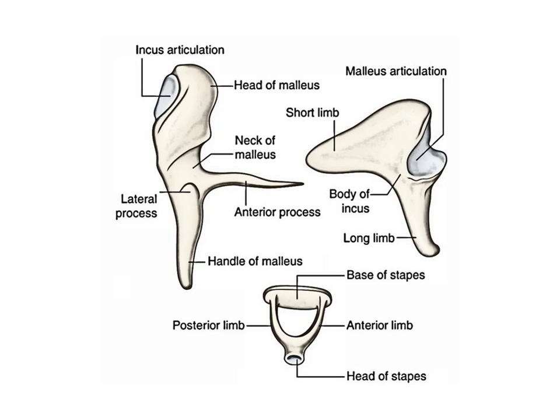Inside the cavity there are three ossicles: the first is the malleus, the stapes, and the incus.